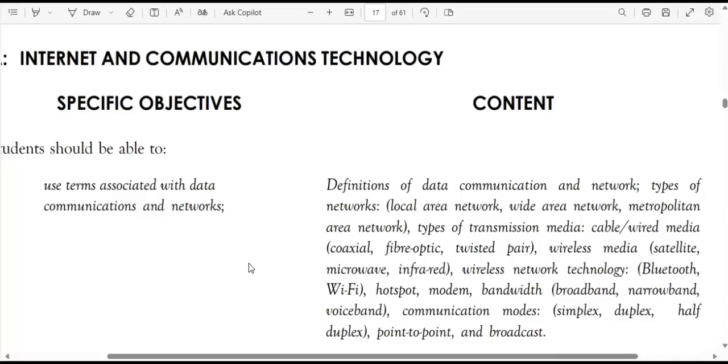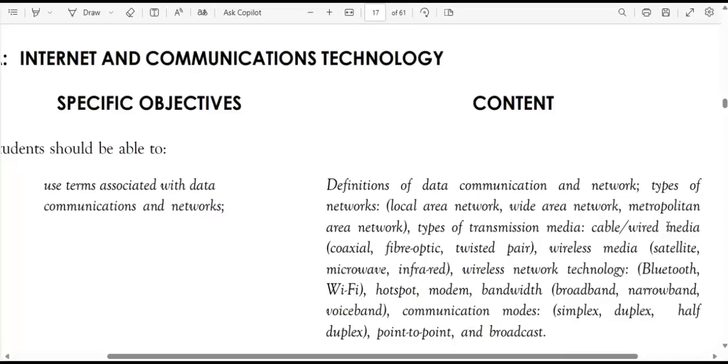We're going to focus on wired transmission media because the syllabus says the types of transmission media are cabled wired media. Cable wired media uses physical cables to transmit data between devices. They provide high speed and secure data transmission over short to long distances.